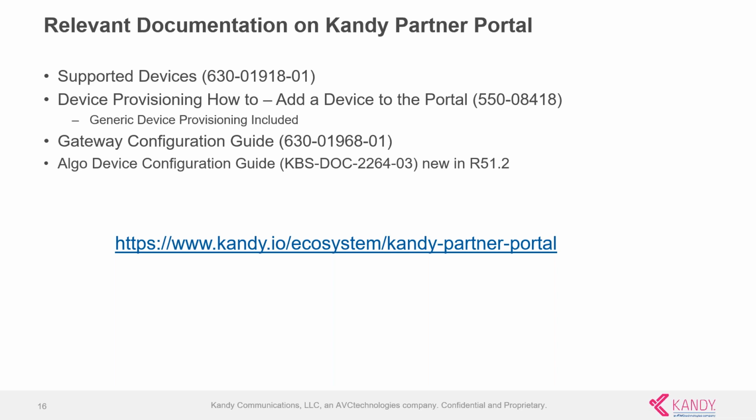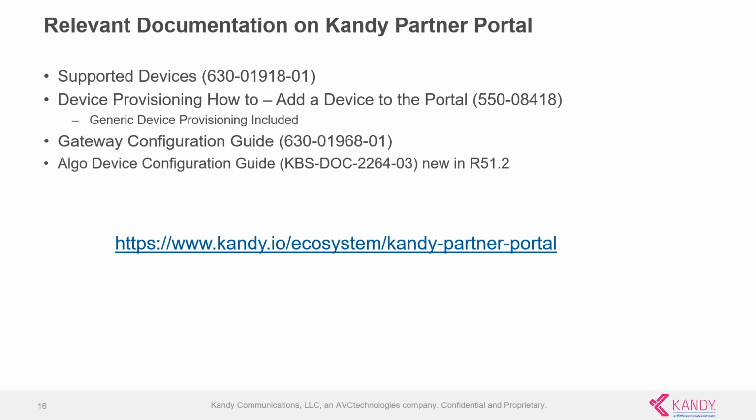Every single quarter, we update the supported devices, showcasing the Algo and the Poly OBI and others. What's nice is we show what features have been tested against each device, as well as what firmware. So you definitely want to be on the right firmware version to take advantage of that.